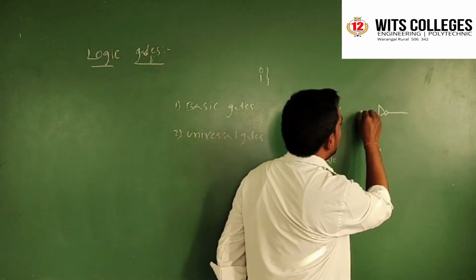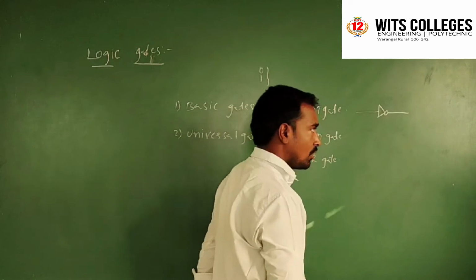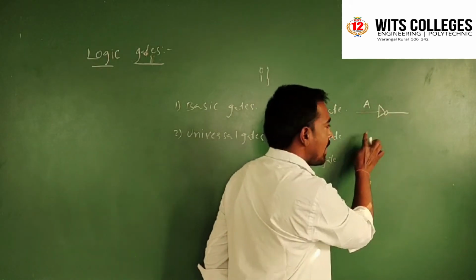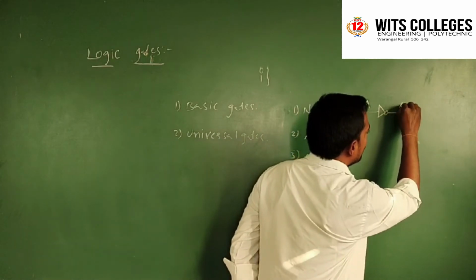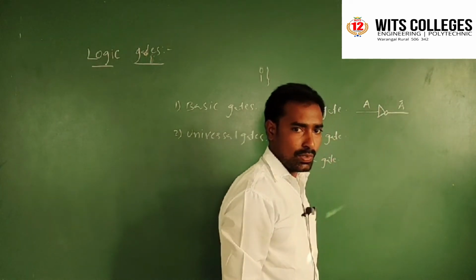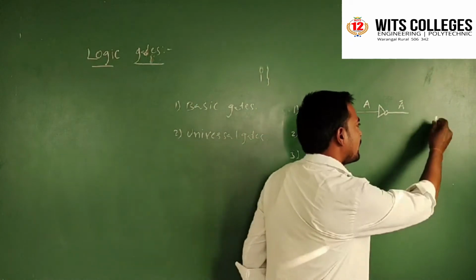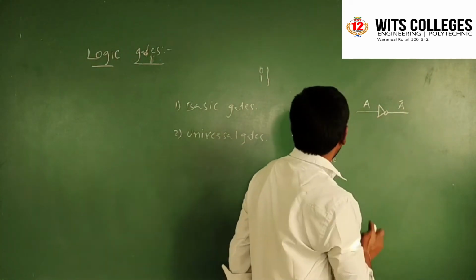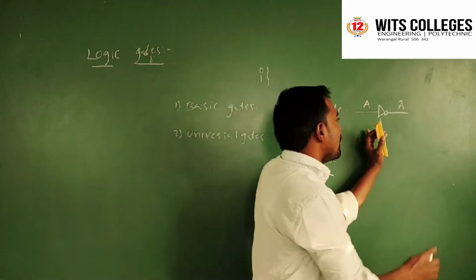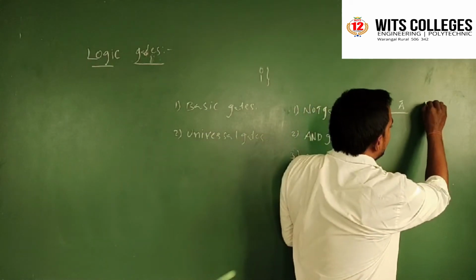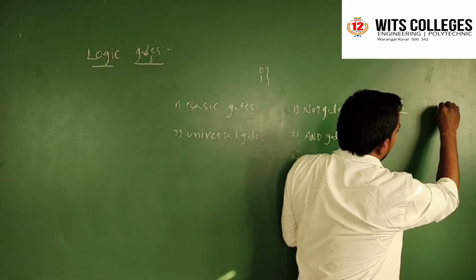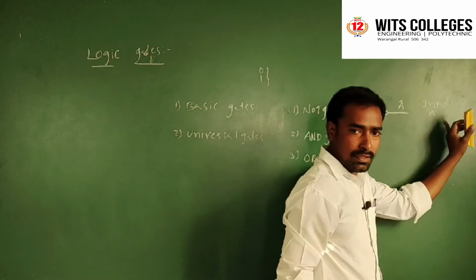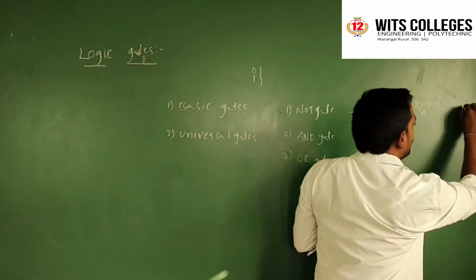Whenever we take the input equal to 1, it gives the complemented output, that is A bar. Coming to the truth table of the NOT gate, here we are giving only a single input, input A, and we get the output that is equal to A bar.